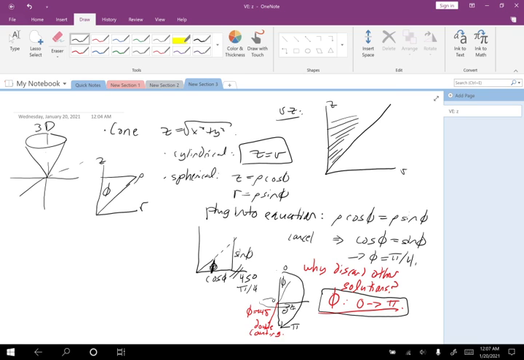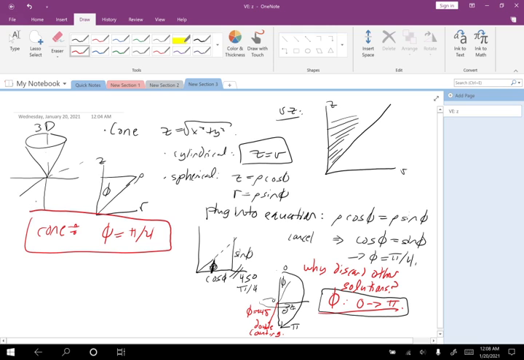And so we've now reduced the cone to just phi equals pi over 4. And again, this is a 1D equation, so it's as simple as possible.